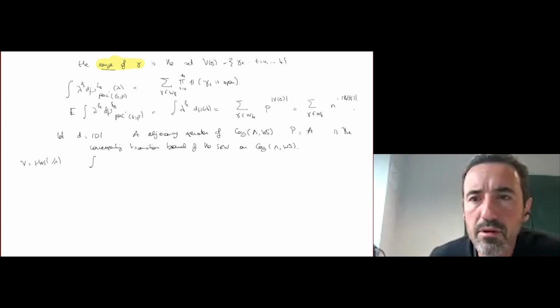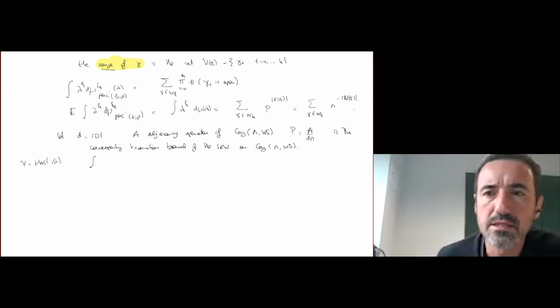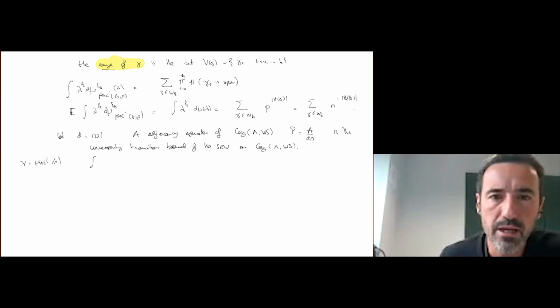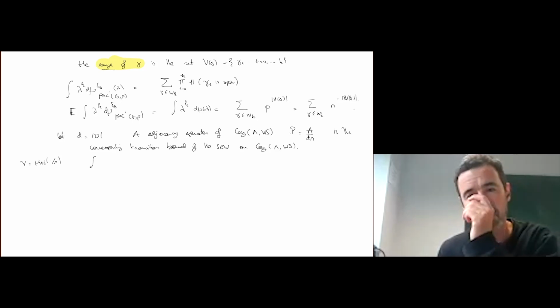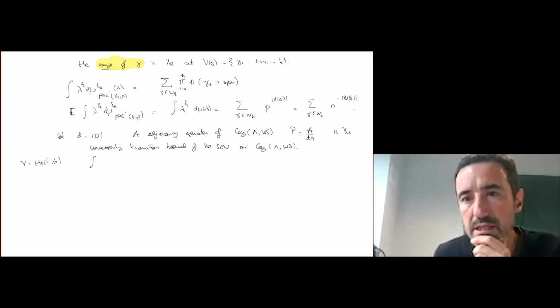The number of generators is d times n, because when I make a walk step I also have to make a switch step, and there are n possibilities. So the number of possible steps for the random walk on this Cayley graph is d times n.